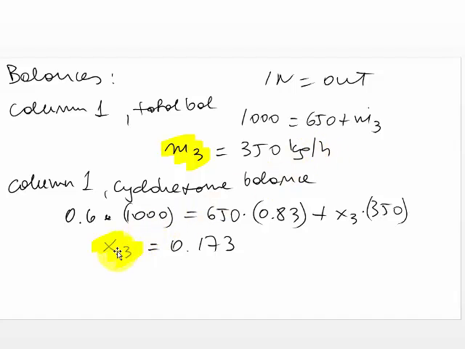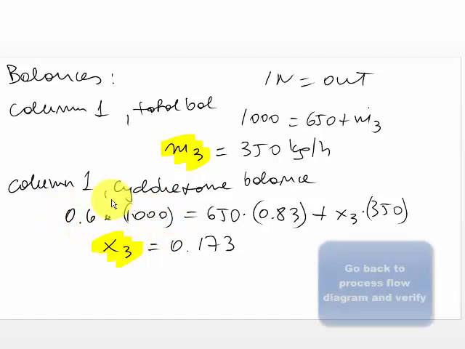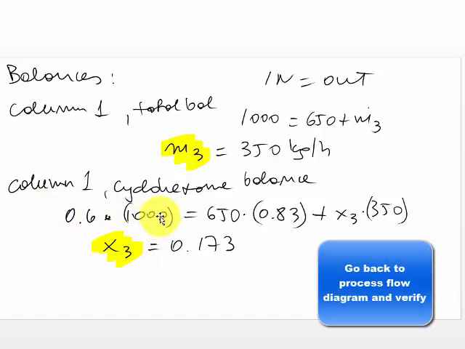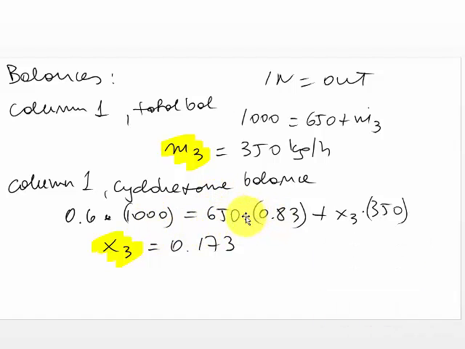Then, in order to calculate the composition of the bottoms coming out of the first column, we have to perform a cyclohexane or toluene mass balance. In this case, I'm showing the cyclohexane component mass balance, where the input into the process is equal to 0.6, that's the 60% of the feed, times 1000 kilograms per hour, equal to the output, 650 times 83%, that's the top output, plus X3 times 350, that's the M3 that was calculated from the total balance.